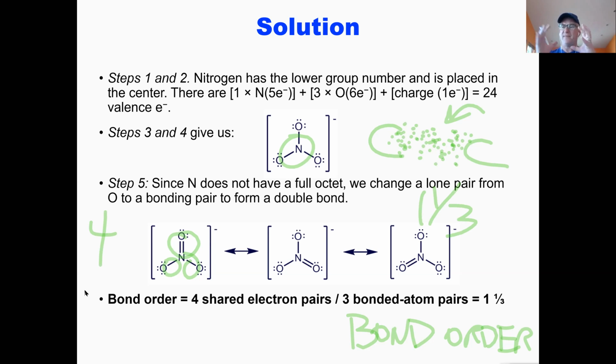So the way that these bonds behave is that they're not single bonds and they're not double bonds. They look slightly more like single bonds than double because the electron density between those oxygens and the nitrogen is slightly more than a single bond, but not nearly as much as a double. It's in between.